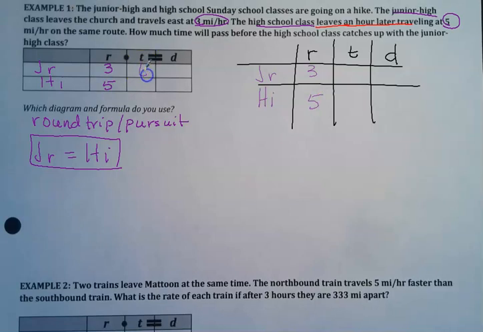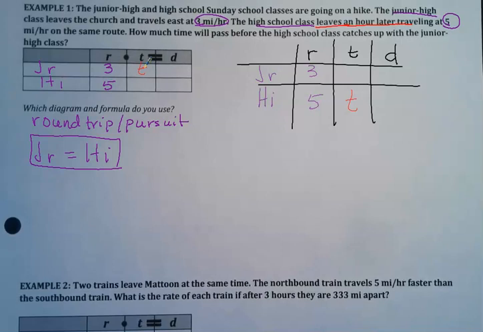So Junior wants to put the variable here with time. I was trying to change it to a different color. And Anne wants it here with the high schoolers instead of the junior highs. All I'm saying is it's going to affect our equation. It's not wrong to put it in either place, but we have to think through what it means.